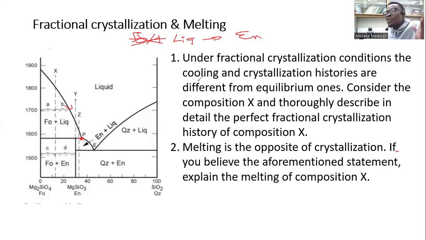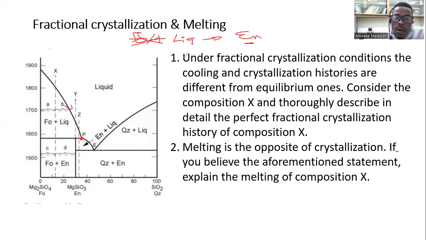Okay, which is why the final crystalline product will consist of only the anorthite and the quartz, when we're talking about this composition X. Because remember here the liquid started to produce the anorthite.